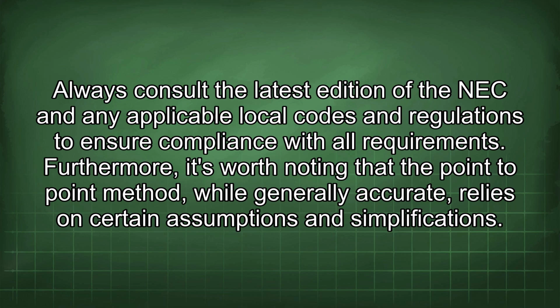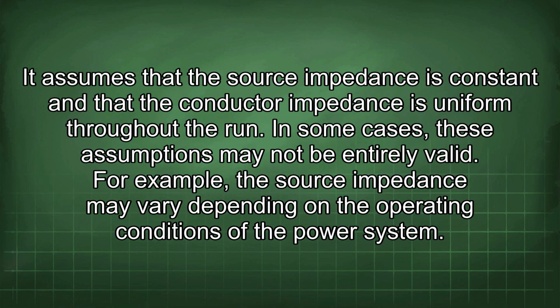Furthermore, it's worth noting that the point-to-point method, while generally accurate, relies on certain assumptions and simplifications. It assumes that the source impedance is constant and that the conductor impedance is uniform throughout the run. In some cases, these assumptions may not be entirely valid.